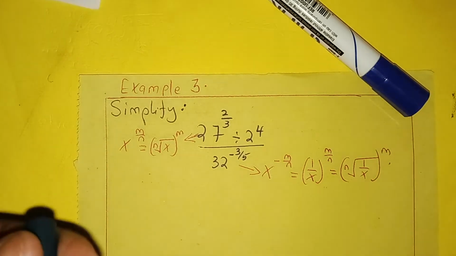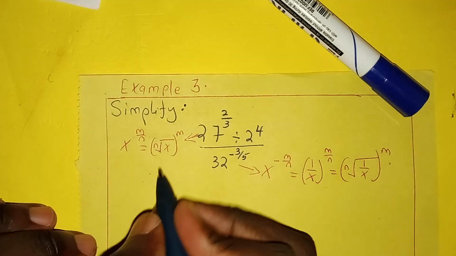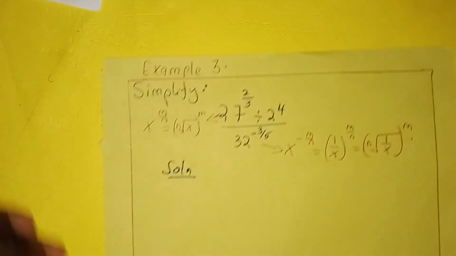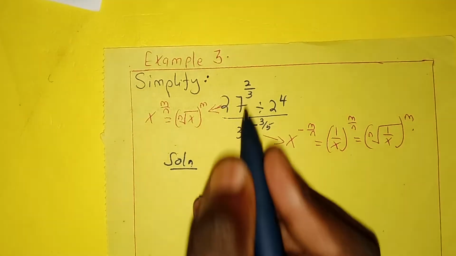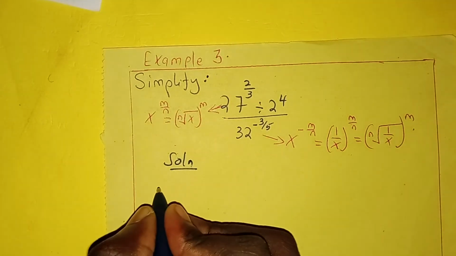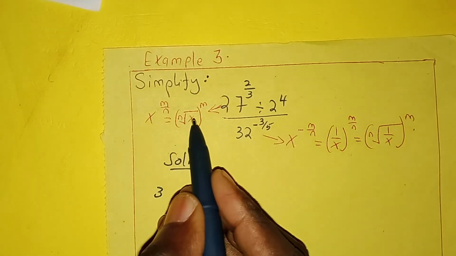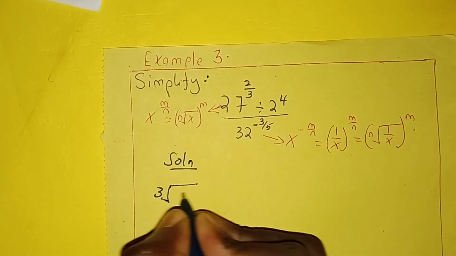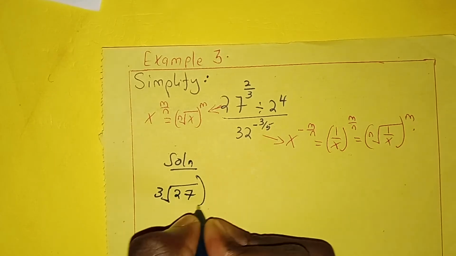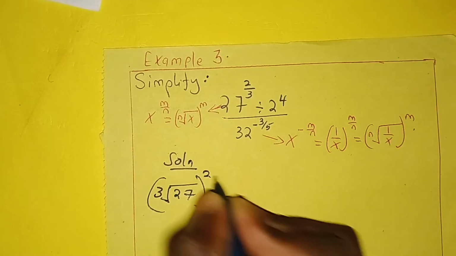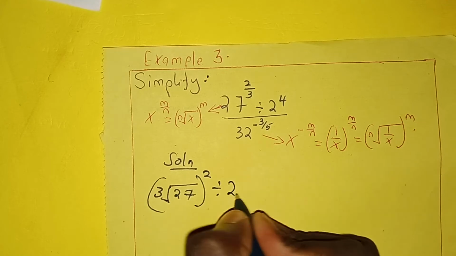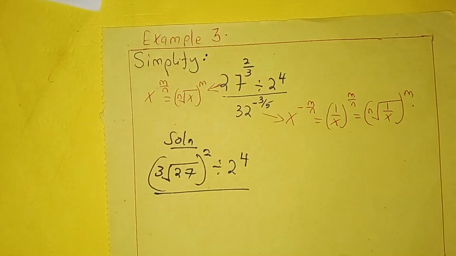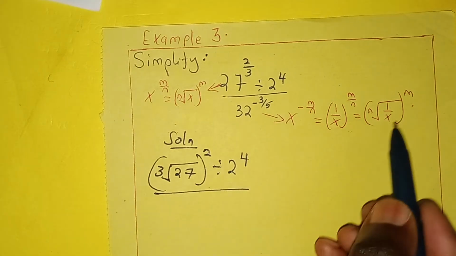Now, let us see the solution of this. Solution. Now we have 3. Our n is 3. We are using now this law. So cube root of 27 power 2 divided by 2 raised to 4 over, now the denominator, apply this law.